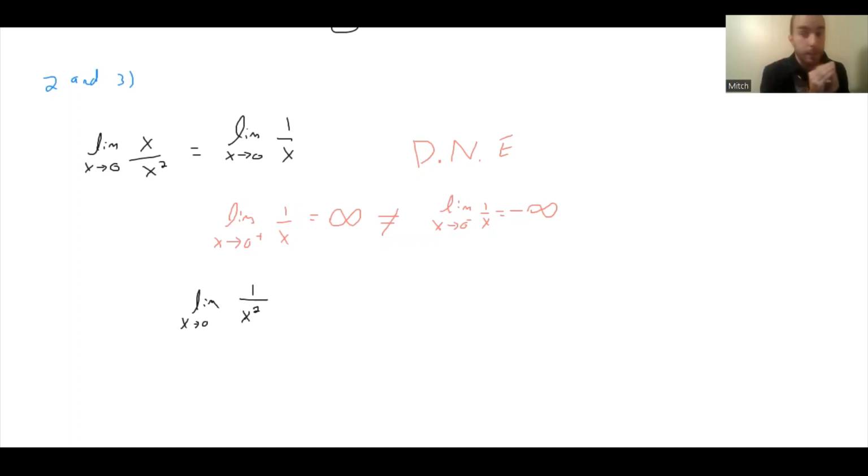If x is slightly below 0, this whole thing is positive. And we know that this is 1 over 0, so it's blowing up. But since it's positive from both sides, the limit exists, and it's just positive infinity. And so that's the main idea that you're going to be checking.